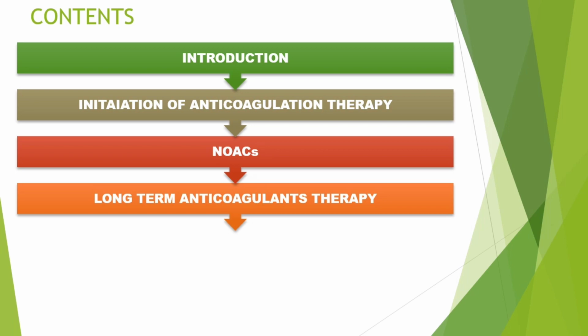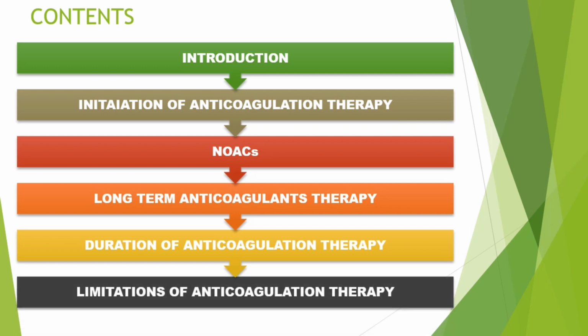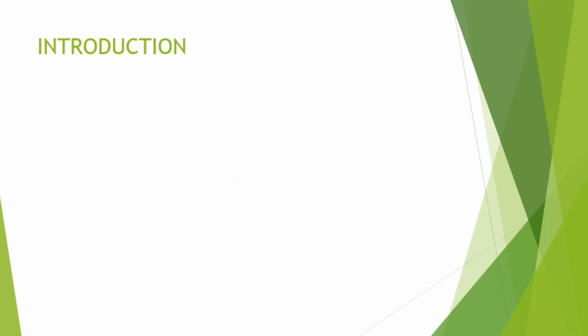Long-term anticoagulation therapy. Is this indicated for every patient, or what are the best candidates for long-term anticoagulation therapy? Is this safe in every patient or not? This will also be an issue that we are going to focus on. What is the optimal duration of anticoagulation therapy? And finally, what are the limitations of anticoagulation therapy?